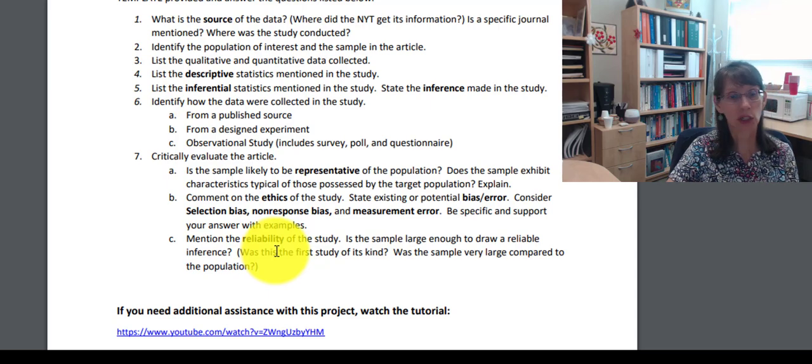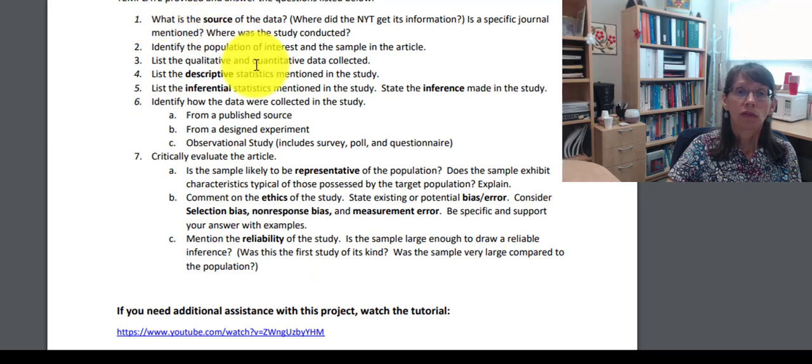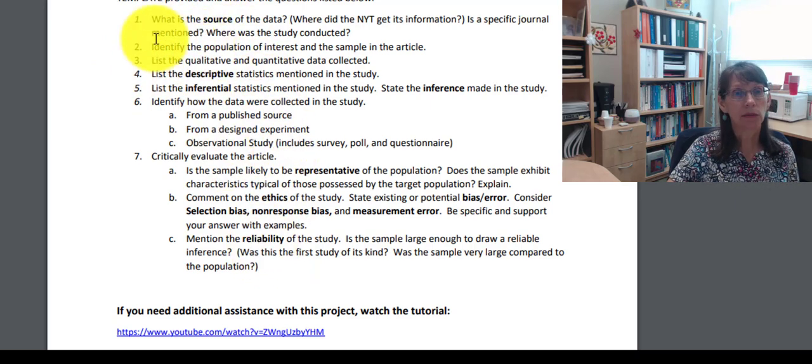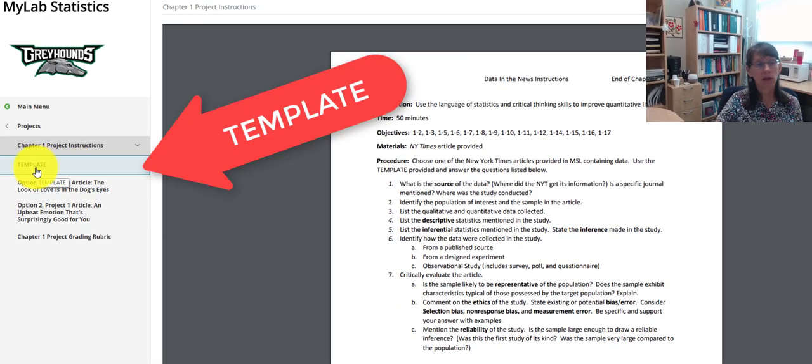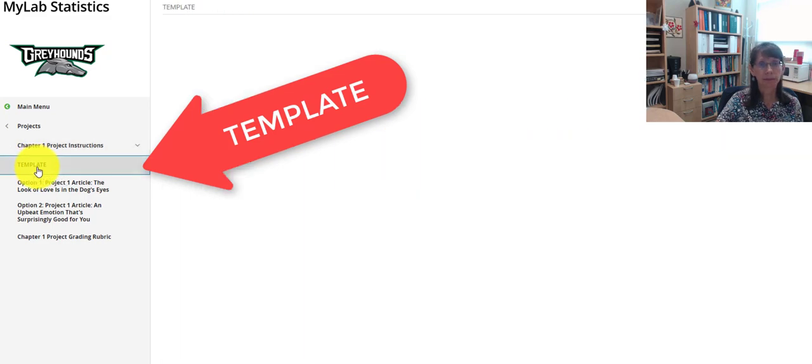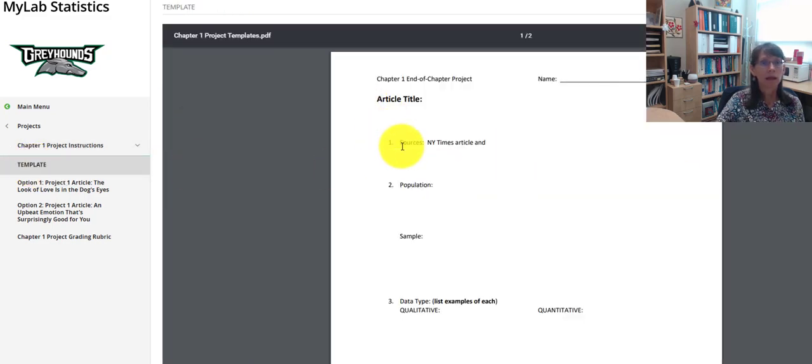Now, for all of these parts, you're going to be filling in a template reminding you of all of these, and that template can be found here on the left side menu in MyStatLab. So here, don't forget to include your article title so I'll know which grading rubric to use for your project.